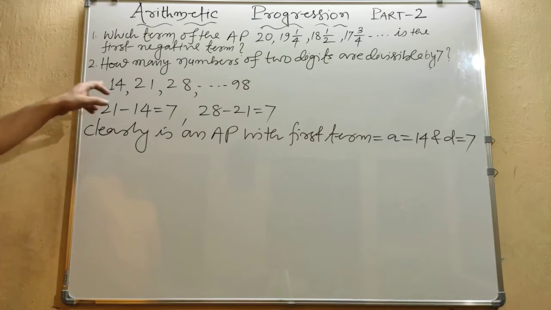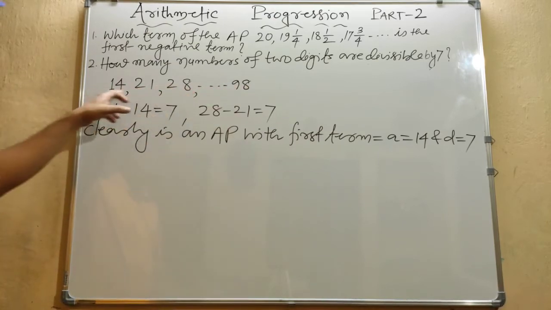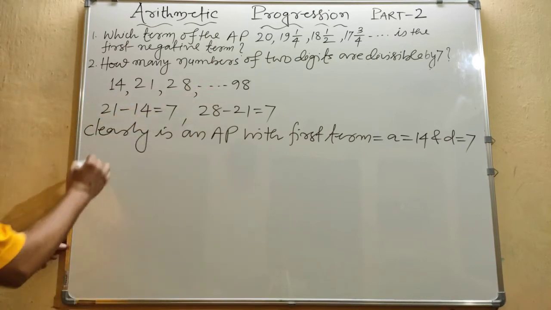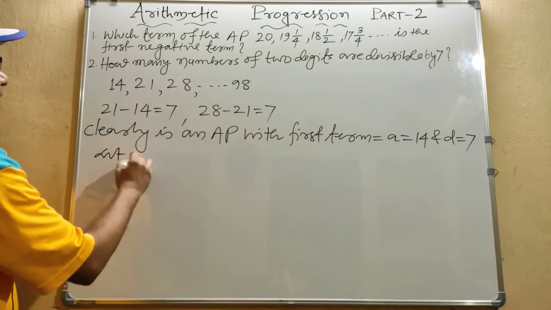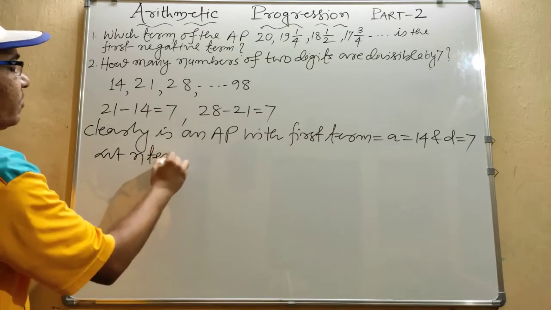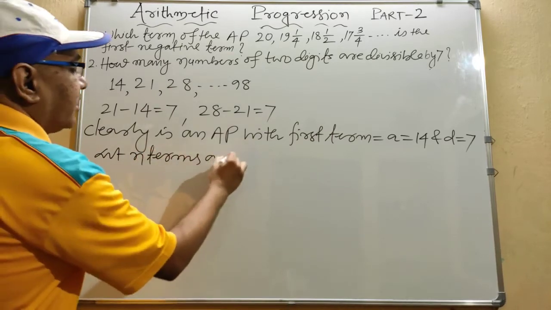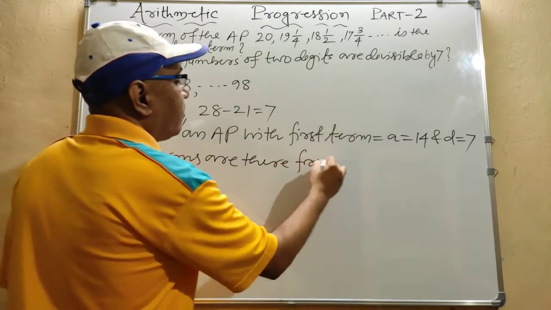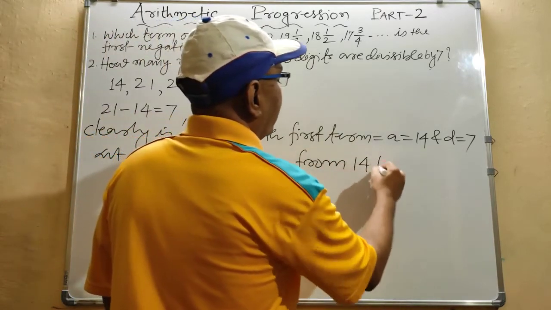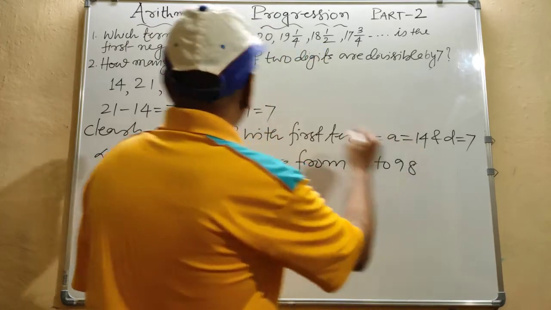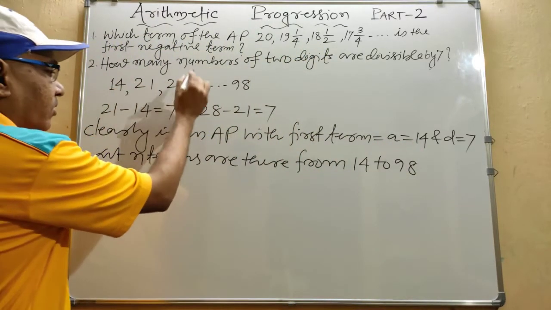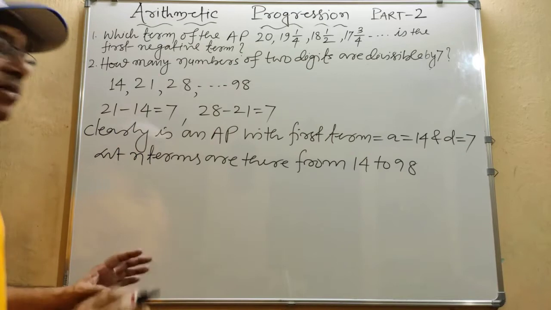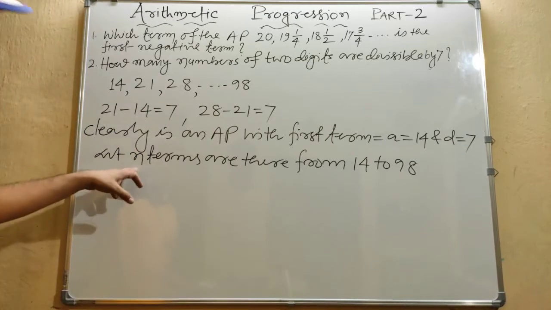Now the question is, how many terms are there? We have to find the number of terms from 14 to 98. Let n terms be there from 14 to 98. 1, 2, 3, 4, 5, 6 up to 98. How many terms are there? n terms are there.